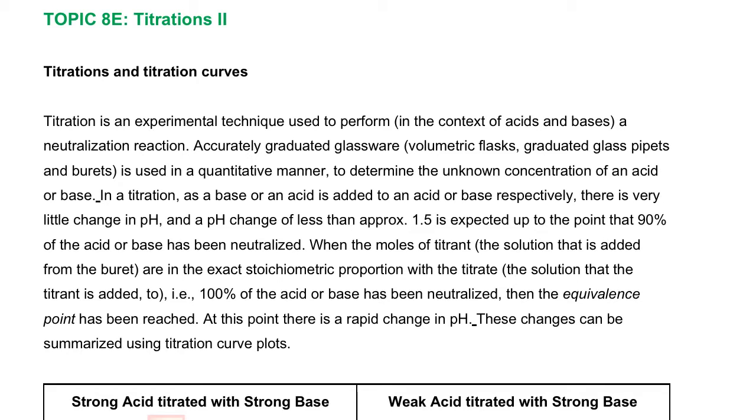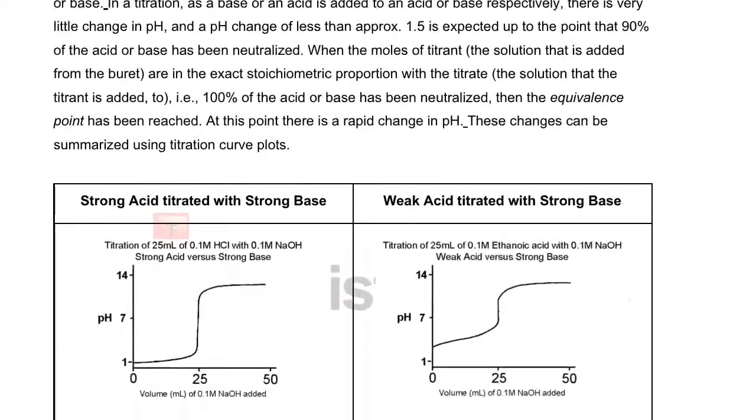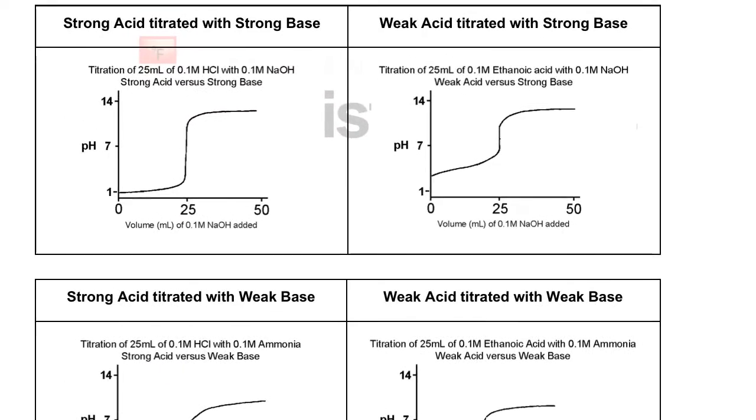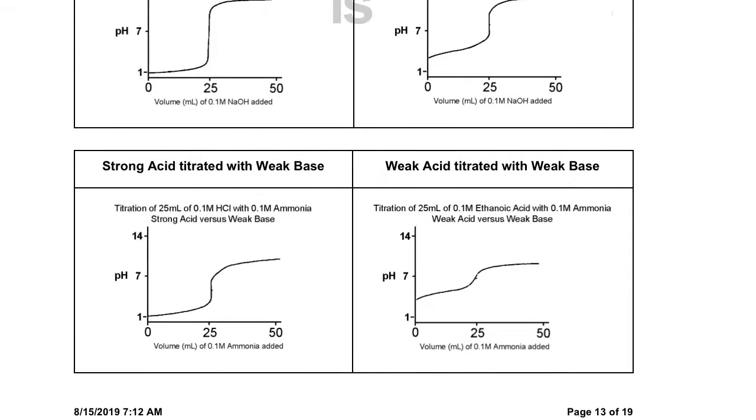Okay, the note packet, page 13 through 15, titrations and curves. Not really too much new in the first paragraph there, even these graphs. But it is important to realize that a weak acid titrated with a weak base, there isn't the straight line at the equivalence point, the vertical line.